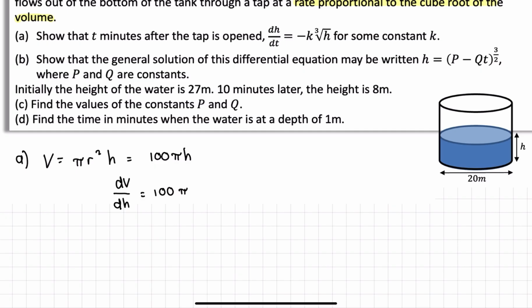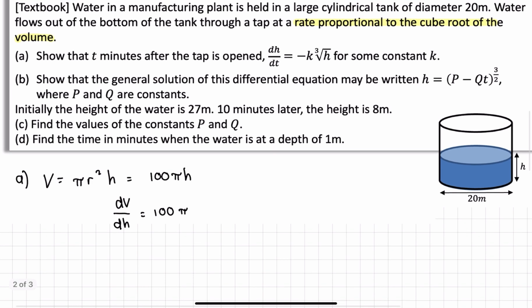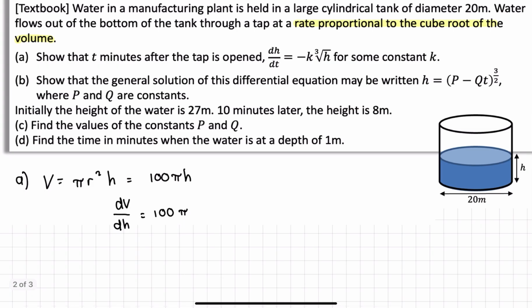And then we can say, okay, the question tells us that the water flows out of the tank at a rate proportional to the cube root of the volume.